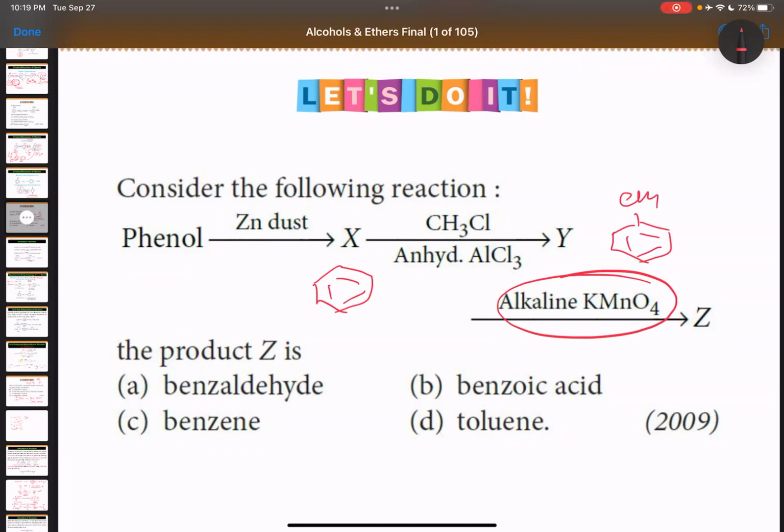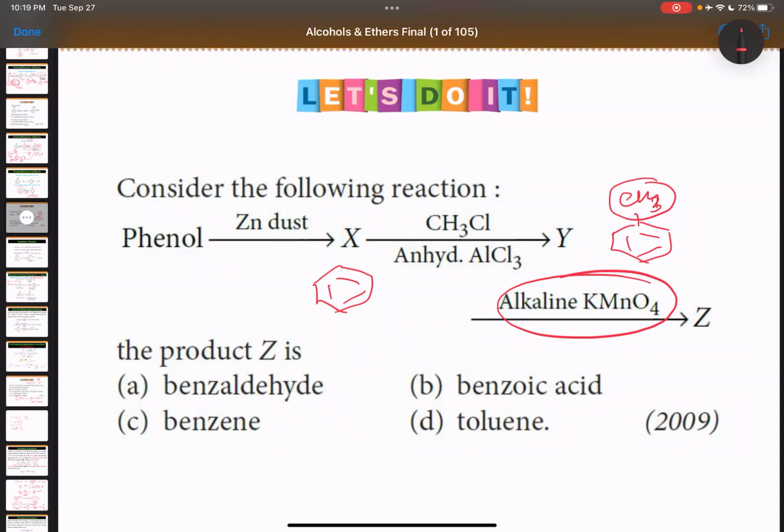And you should know that, listen very carefully. All the alkyl side chains containing at least one benzylic hydrogen, at least one, listen to me very carefully, get oxidized completely to COOH irrespective of the number of carbon atoms. Got it understood? Can you repeat again, sir?